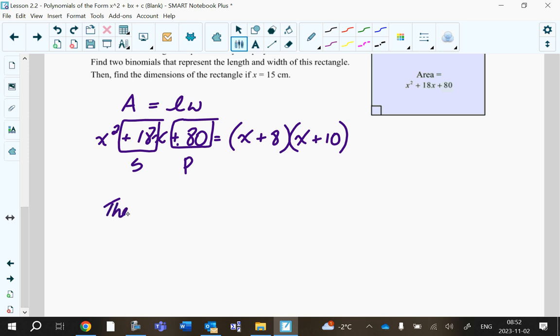So in order to find the actual numerical dimensions, we just plug 15 into each of these. So 15 plus 8. So that means one of the dimensions is 23 centimeters. And the other dimension would be 25 centimeters.